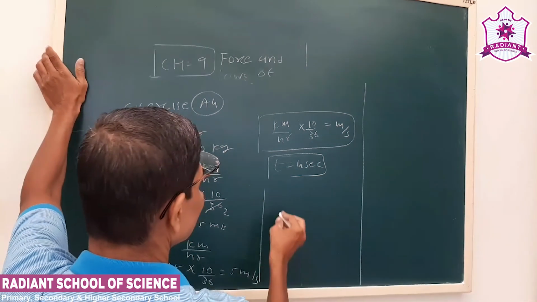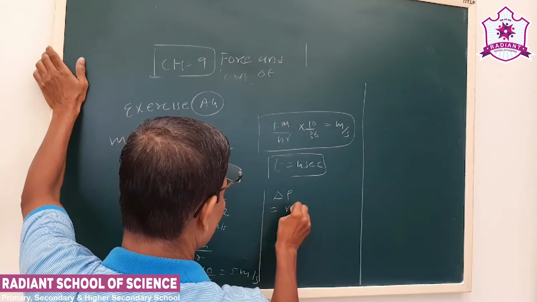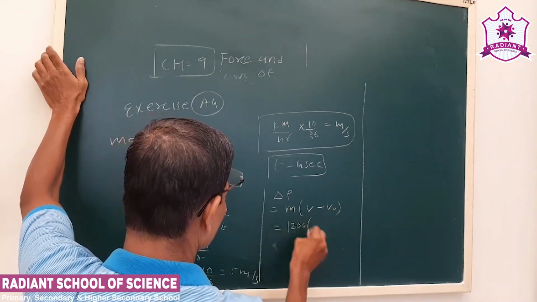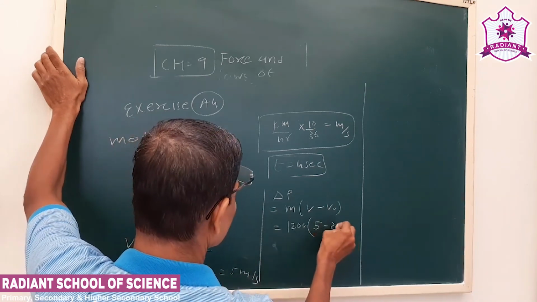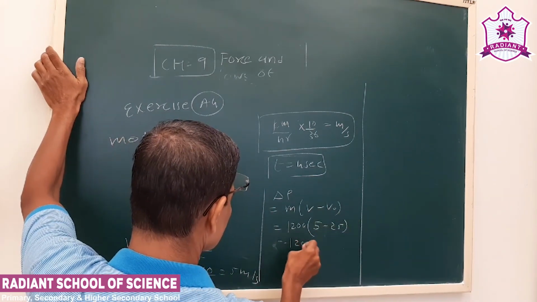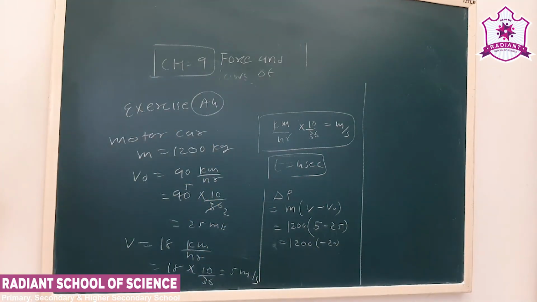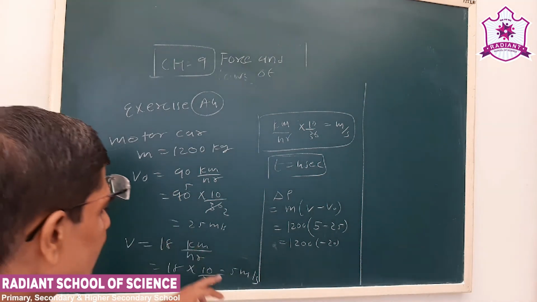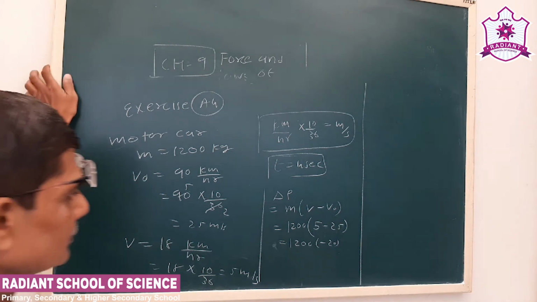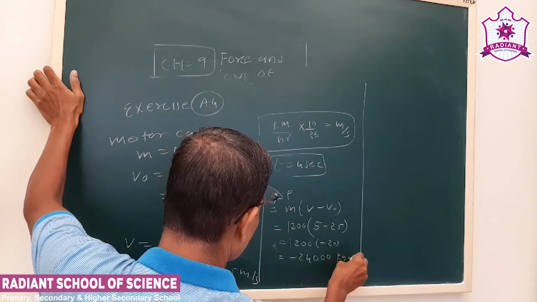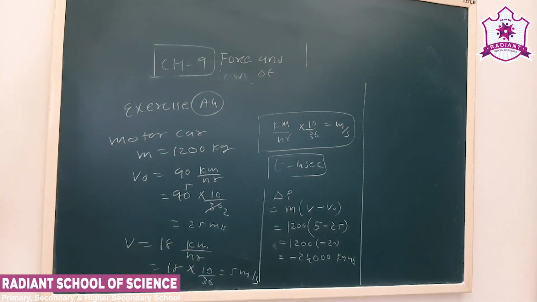Now see here, change in momentum, delta P is m into v minus v0. Mass of the car is given as 1200 kg. Initial velocity 90, final velocity is 18, so that we convert in MKS unit. That is 24,000 kg meter per second. Now, what is the force?